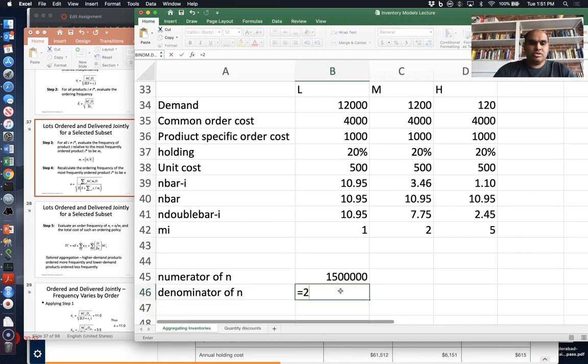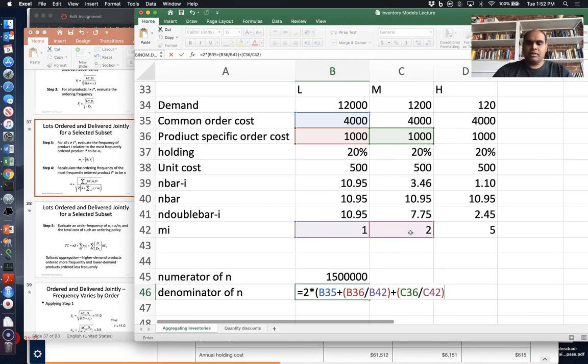This will be 2 times the 4,000, the common ordering cost, plus we're going to do this ordering cost divided by mi, plus this ordering cost divided by mi, plus this ordering cost divided by mi.